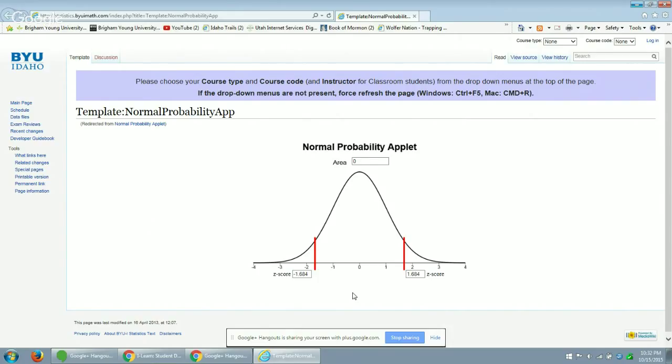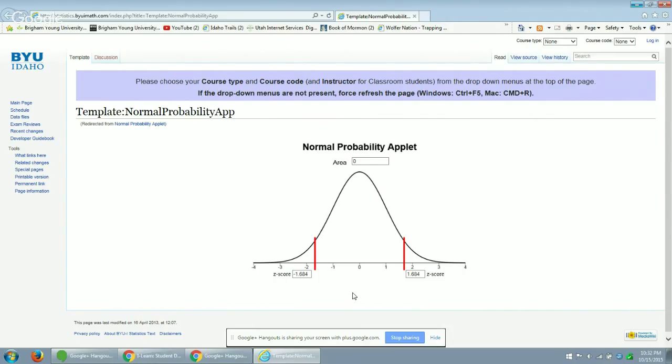So let me see if I can explain that. Say your sample mean is 145 and your population mean is 147.